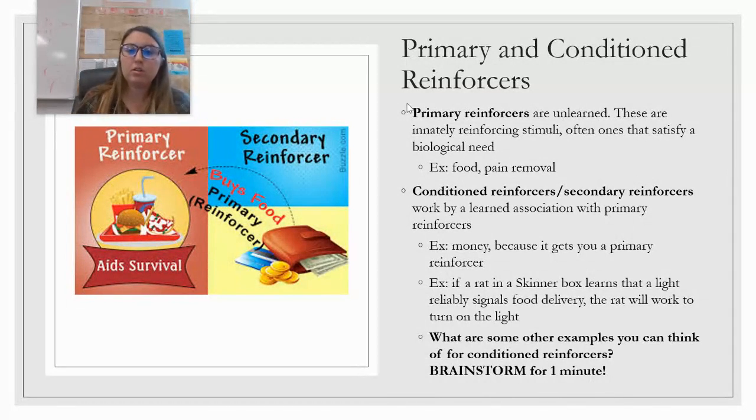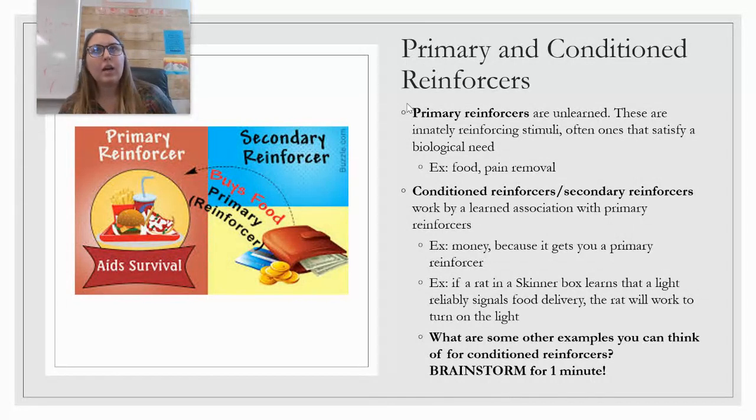Conditioned reinforcers or secondary reinforcers work by basically having learned an association through classical conditioning first. So an example is money. Money is a secondary reinforcer because money alone technically does not satisfy any biological need. It's random paper, right?